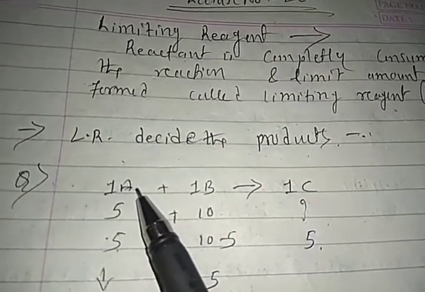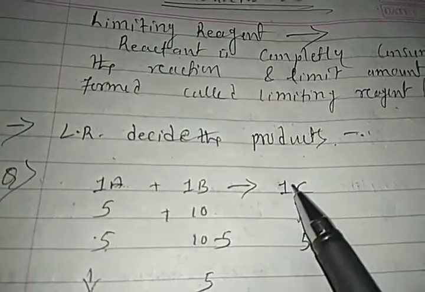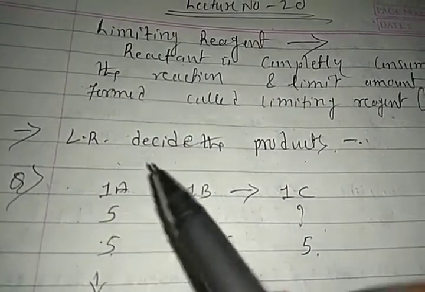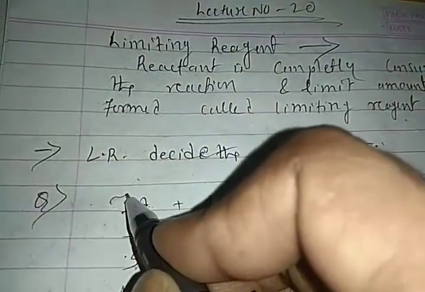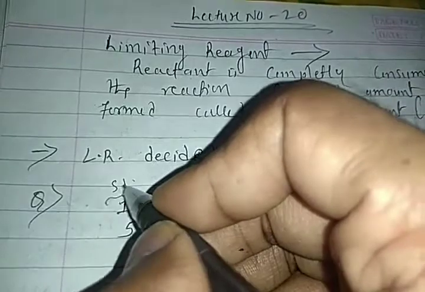1 mole of A and 1 mole of B combine to form 1 mole of C. So this is the stoichiometric coefficient. Whatever the 1 is there, we consider as the stoichiometric coefficient.